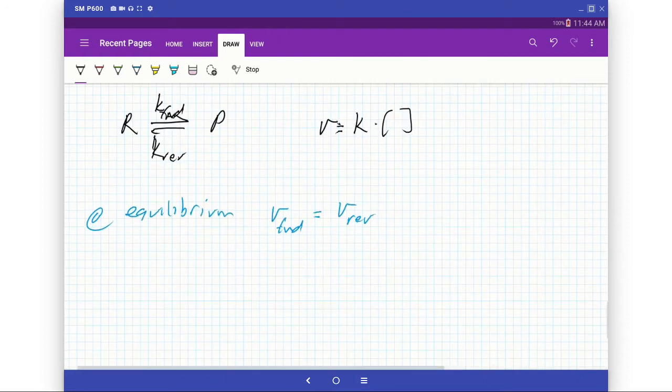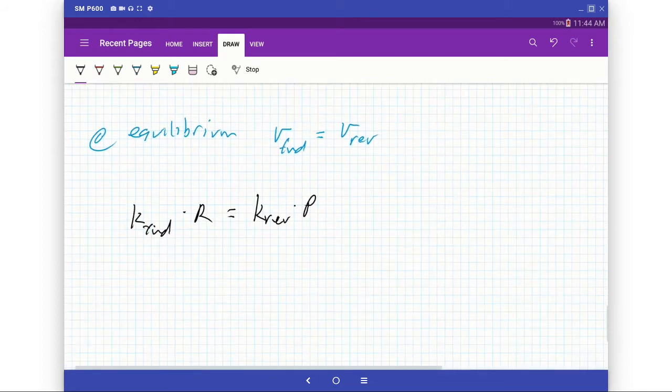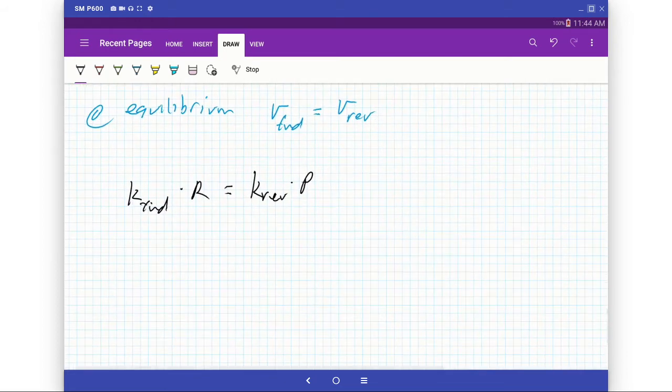This would be k forward times the reactants is equal to k, lowercase k, reverse times the products. That is the premise of equilibrium.